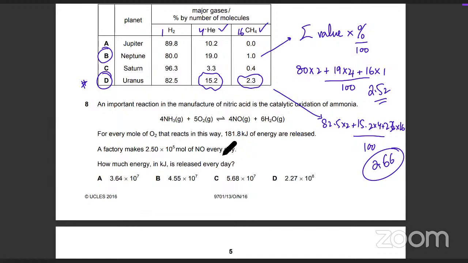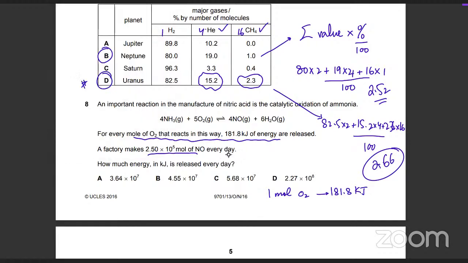How many kilojoules of energy are released? So for 1 mole of O2, the energy released is 181.8 kilojoules. And now your factory produces 2.5 times 10 power 5 moles of NO.